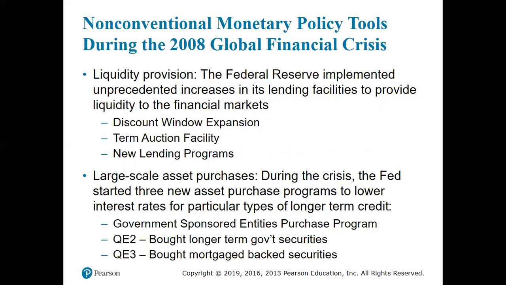They expanded the discount window, lowered the rates on their borrowing rate for banks, and said, banks, you're welcome to borrow as needed without any questions, in our discount window.